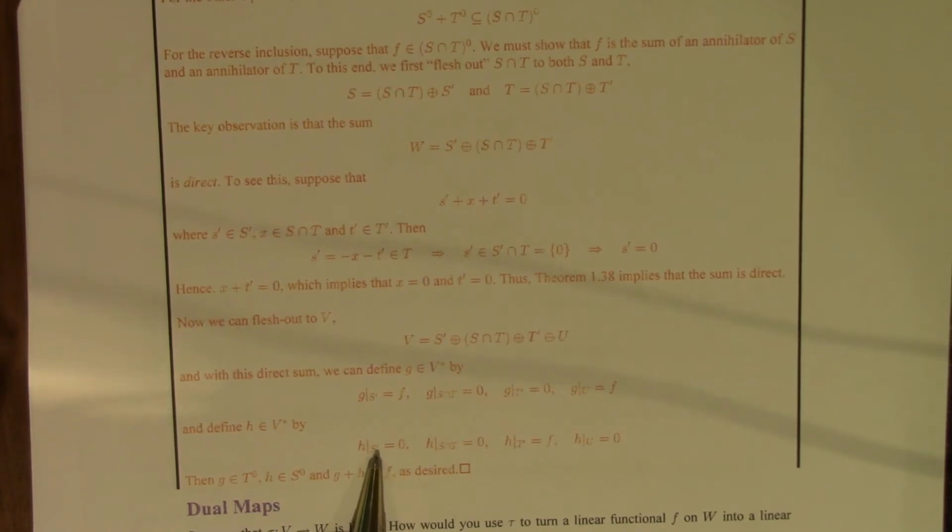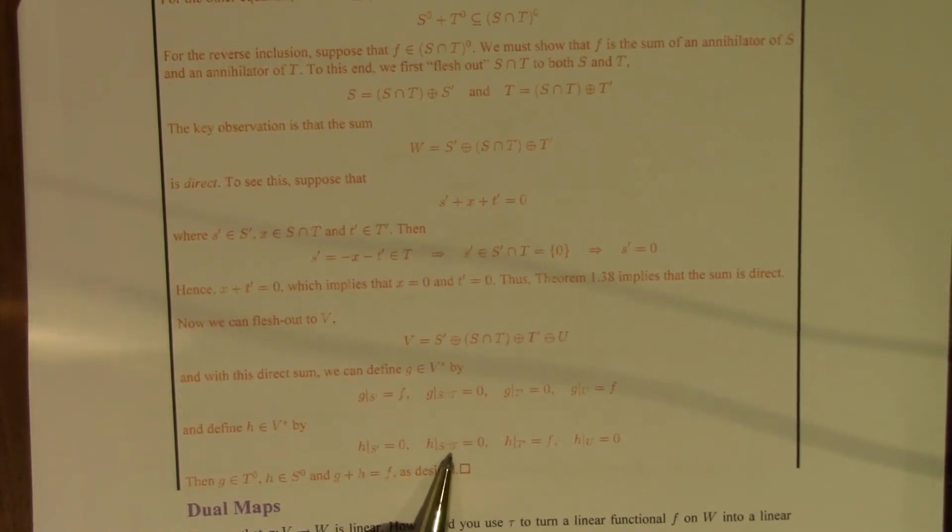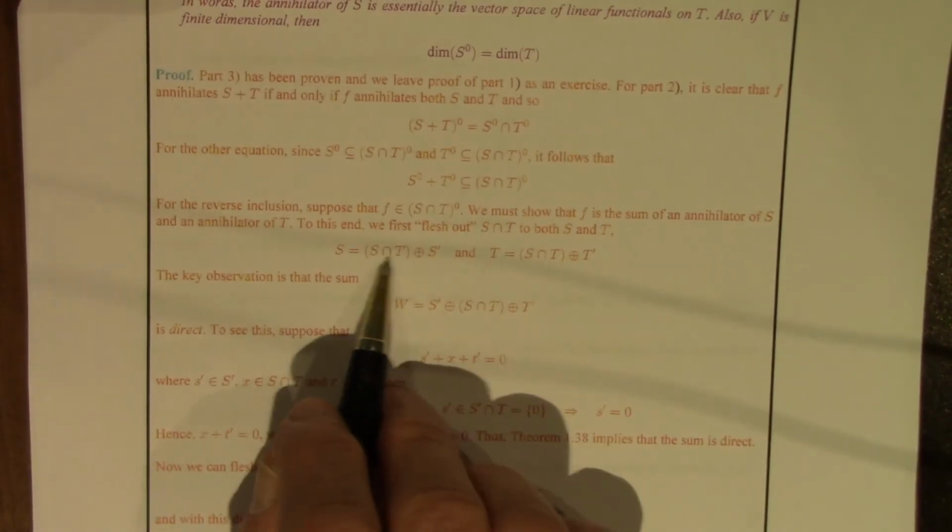H annihilates both S prime and S intersect T, so it annihilates all of S, and so it's in S naught, and when you add these two together, you get F. Okay.